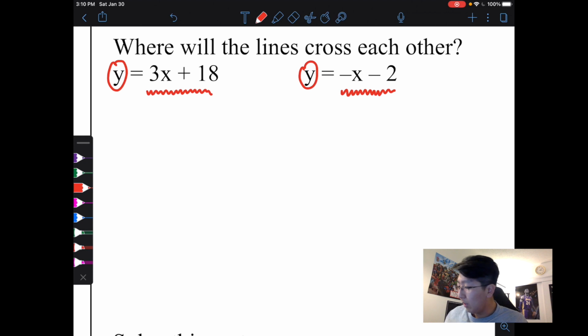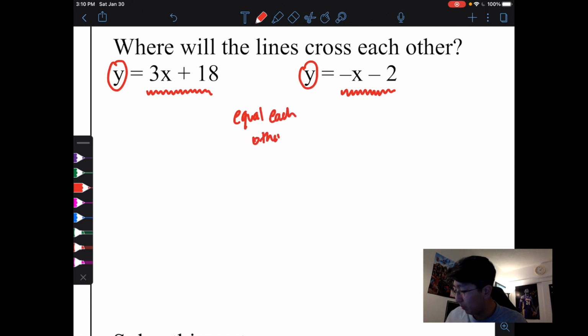We can make these 2 equal each other. So these are equal value. They're going to equal each other.